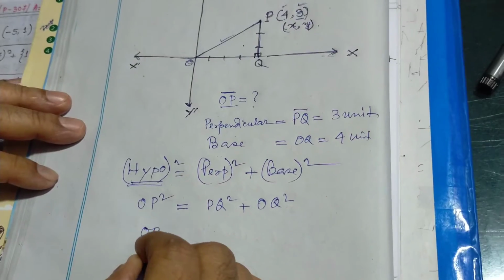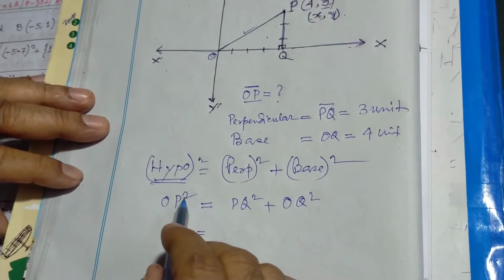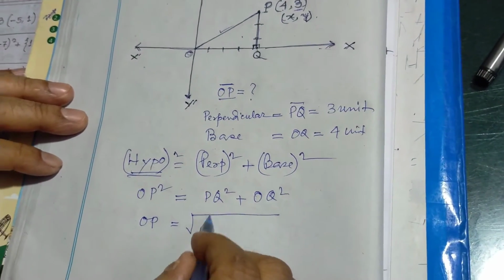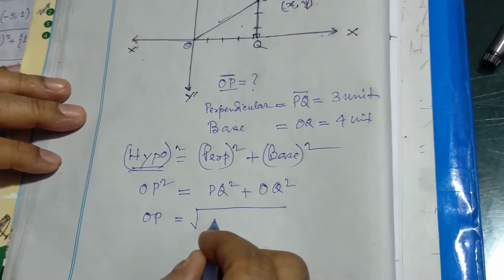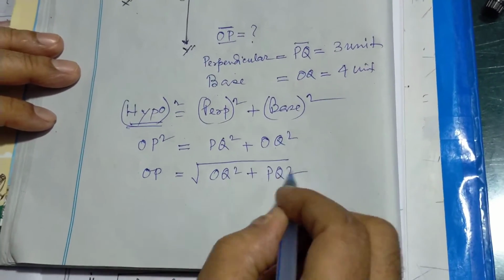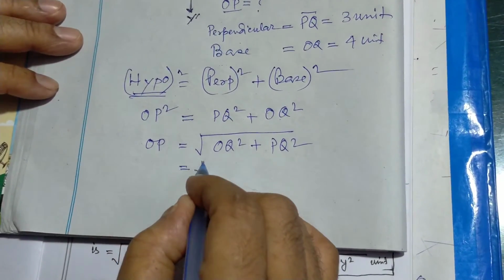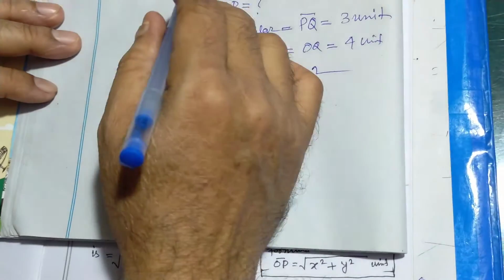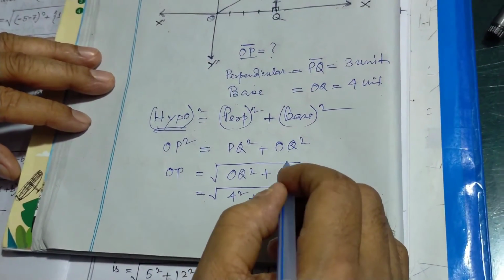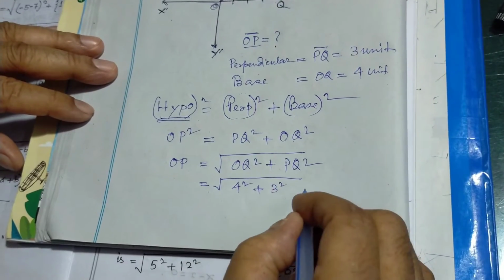Now OP equal to, what will be? If I remove the square, we have to give here the square root. So here I am writing this one first, OQ square plus PQ square. What is the value of OQ? Value of OQ is 4 unit, so 4 square, and PQ is 3 unit, so 3 square.